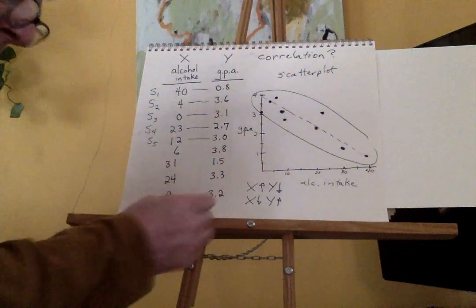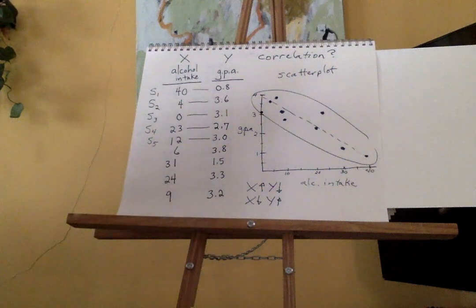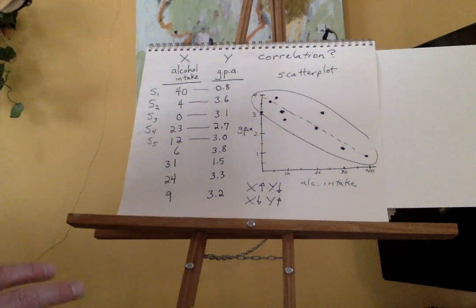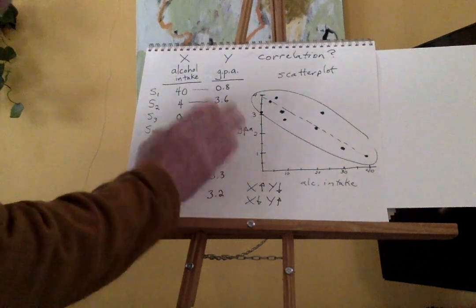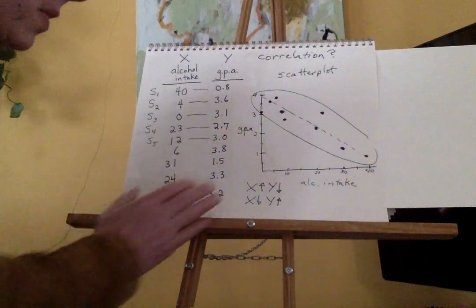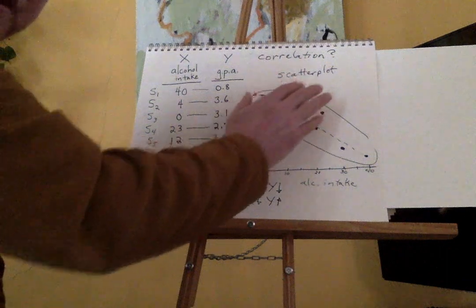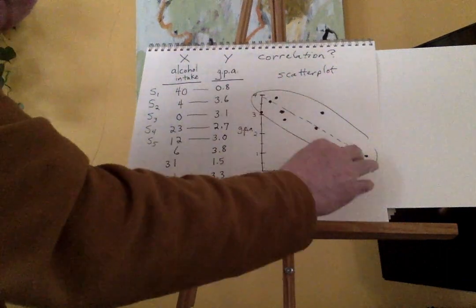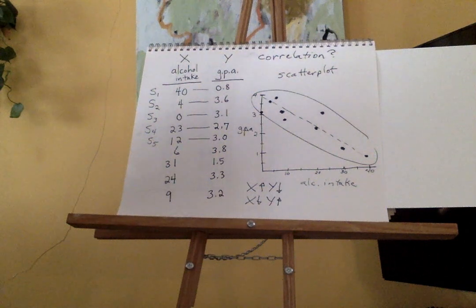So as X goes up, Y goes up, or as X goes down, Y goes down. When we have a relationship like that, it's called a positive correlation, because if we were to plot it on a scatter plot, we would see a positive slope. This is a negative slope, so we call it a negative correlation.